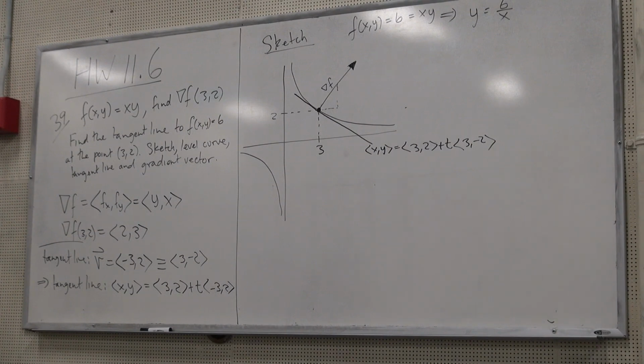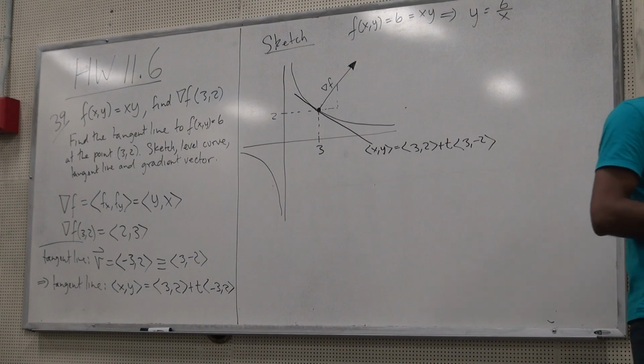Show that the tangent plane to the ellipsoid x squared over a squared plus y squared over b squared plus z squared over c squared equals 1 at the point (x0, y0, z0) can be written as x x0 over a squared plus y y0 over b squared plus z z0 over c squared equals 1. Okay, who attempted that one? Yeah?